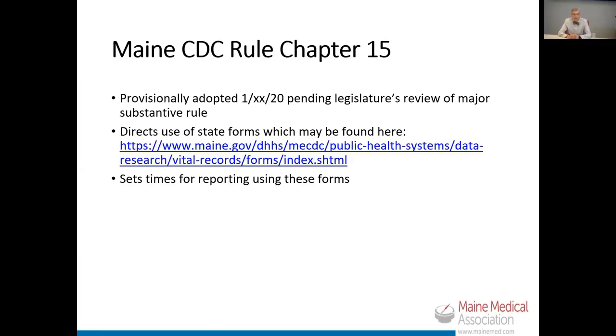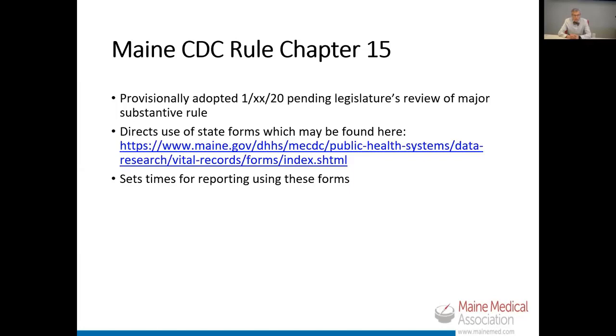So Chapter 15 has now been provisionally adopted in January of 2020, pending the legislature's review, because it is a major substantive rule. It's a technical term that simply means the rule has to go back to the legislature for final approval before it is finally adopted.